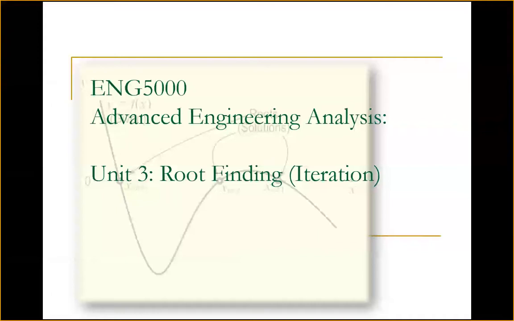In fact, after we do this particular iteration, unit 4, which is called optimization, is also actually a type of iteration. It will be again some loops that are repeated, or a sequence of activities that are repeated over and over again until you come to a satisfactory answer.